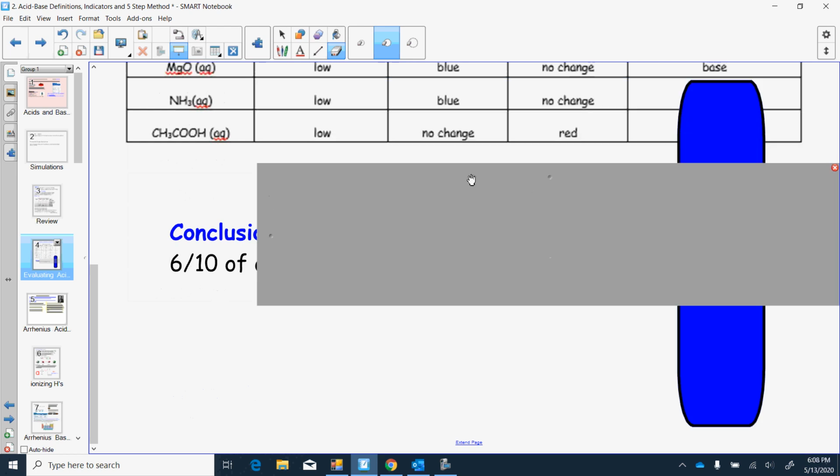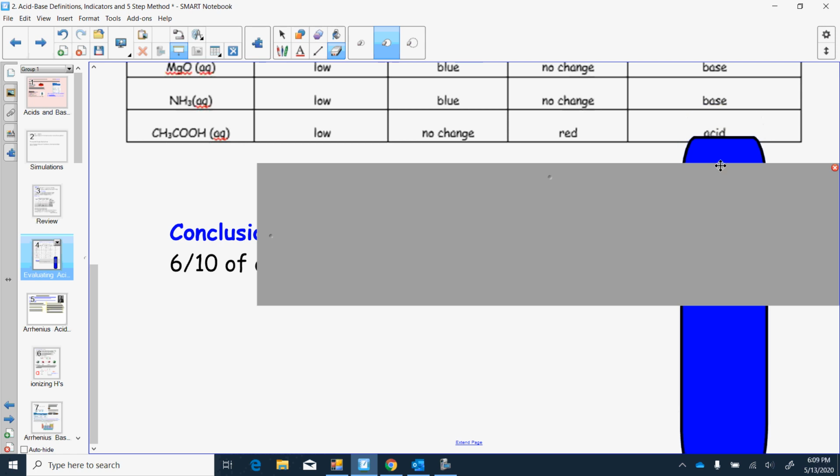Our last two, NH3, ammonia. You might say it's a molecule, so maybe it's neutral. It has low conductivity. Look at that, it turns litmus blue. It's a base. And this one, hopefully, if you recognize it as acetic acid, see that COOH, you might have said it was an acid.